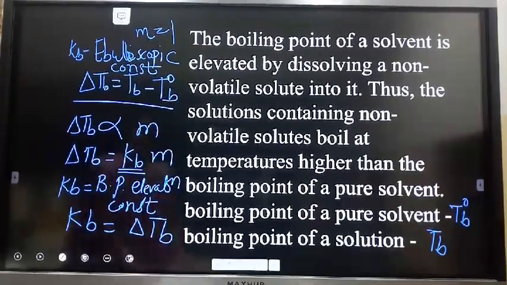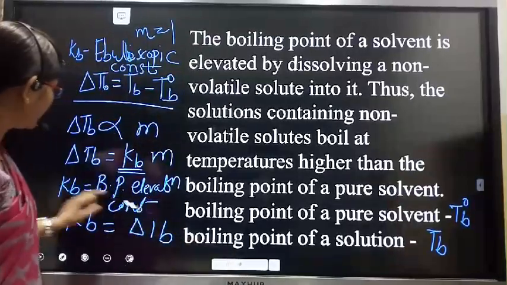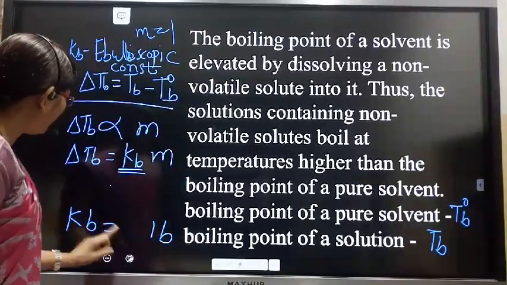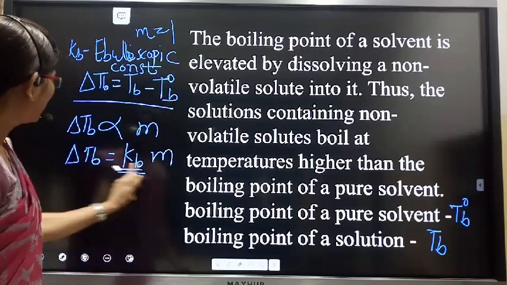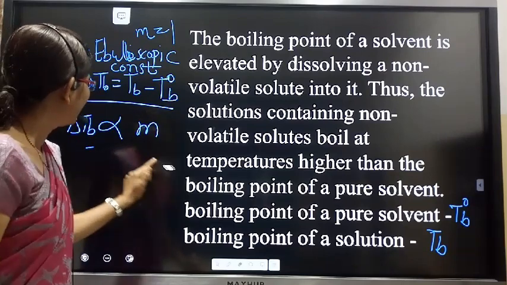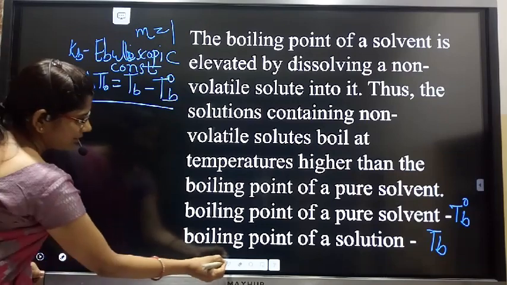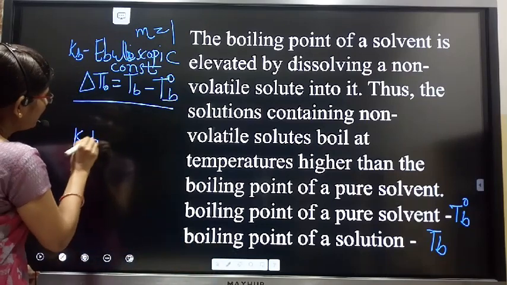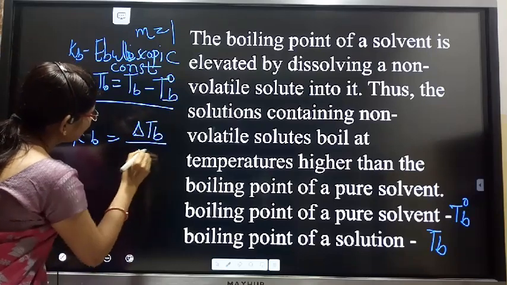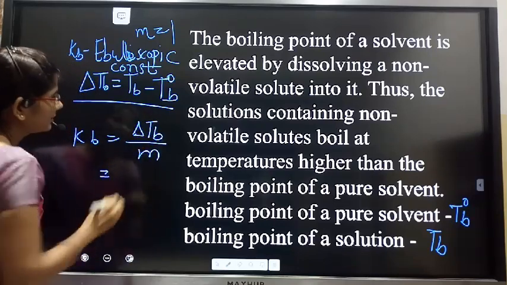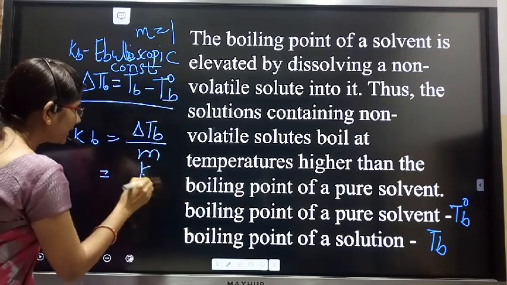So, what is the unit for these Kb? For the unit, we have Kb which is equal to delta Tb upon m. Delta Tb means the elevation in boiling point, and it has the unit Kelvin.